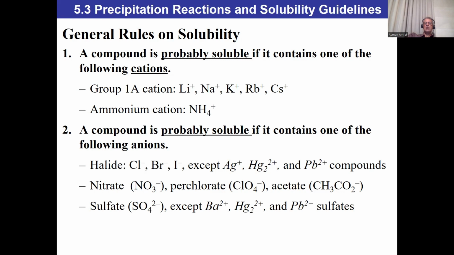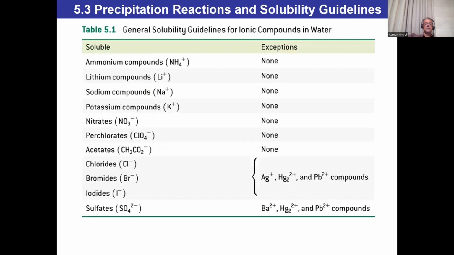These ionic compounds are insoluble: barium sulfate, Hg2SO4, and PbSO4 are insoluble. Other ionic compounds containing sulfates are soluble.